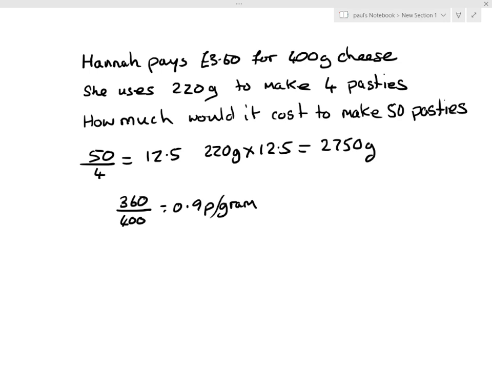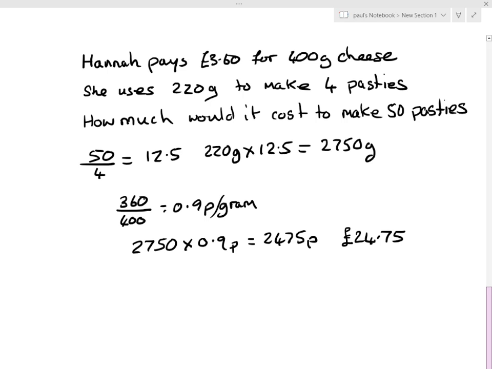Now, we know we need to make 2,750, so we do 2,750 times 0.9 pence, which will equal 2475p, which is divided by 100, 24.75. That's how much it costs to make 50 pasties.